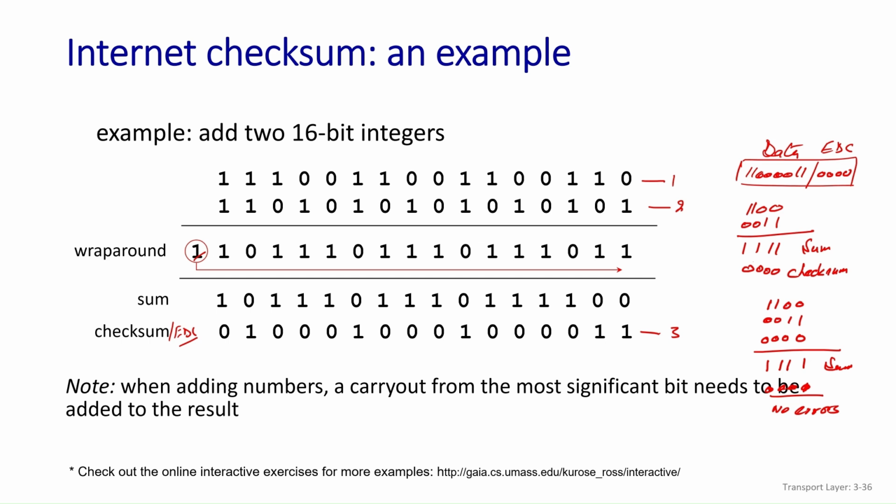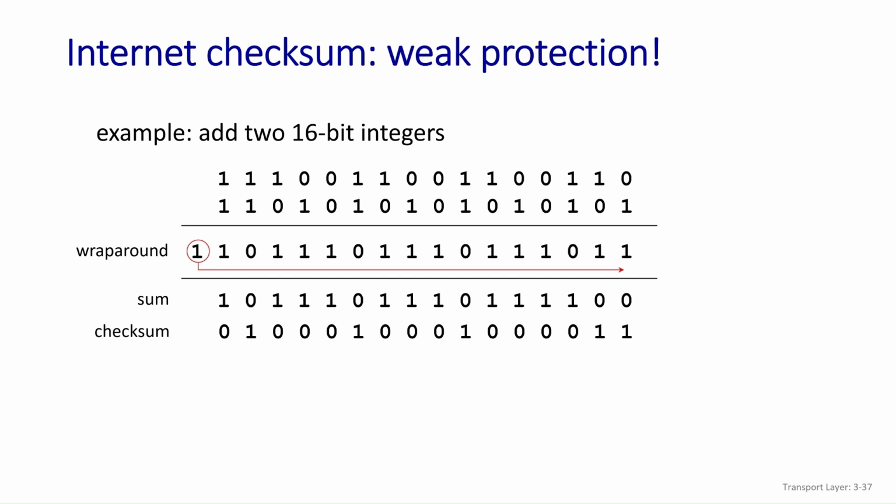But the shortcoming of this mechanism, checksum, is that it has weak protection, in the sense that if two bits at the same position in consecutive integers are changed, this cannot be identified as an error. It fails to identify this error.